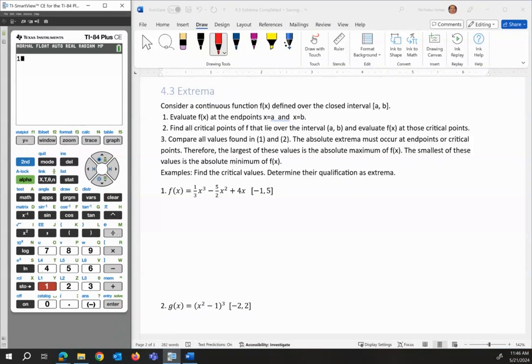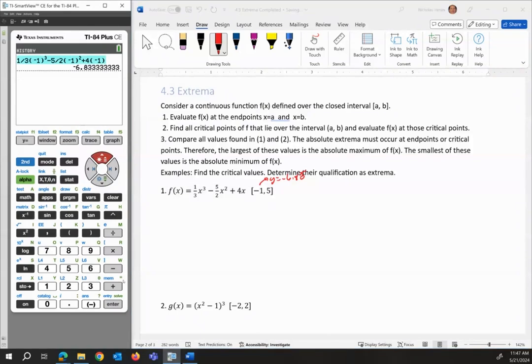All right, so 1/3 times -1 cubed minus 5/2 times -1 squared plus 4 times -1. I know that this polynomial function is continuous, no question about that. And at -1, just making sure I type this in right, we have a y value of -6.83.